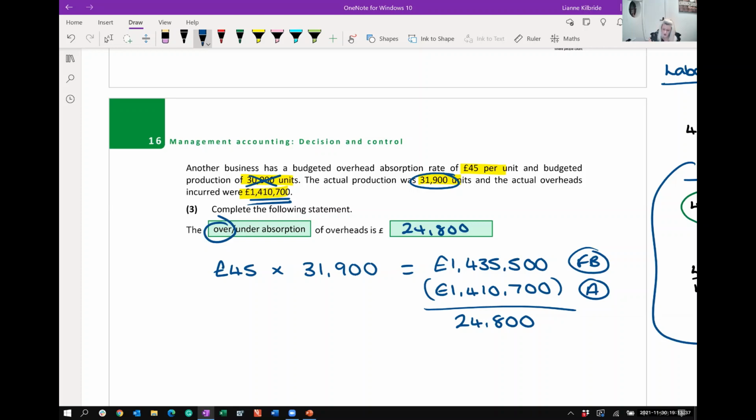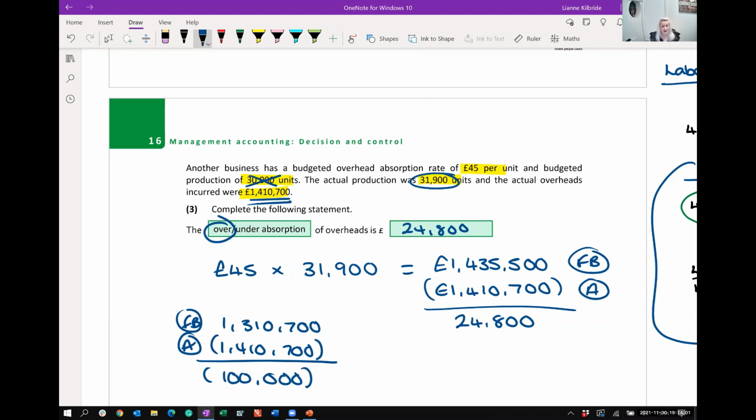If it came out as a negative figure, so if your flex budget, as an example, was 1,310,700, using this just for example purposes, and your actual was 1,410,700, take the actual away, it comes to a negative 100,000, doesn't it?